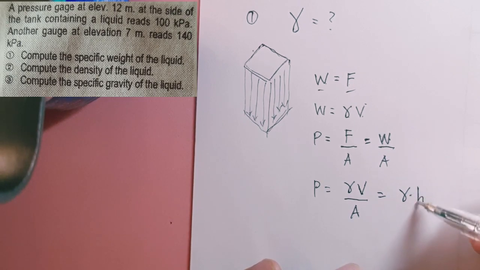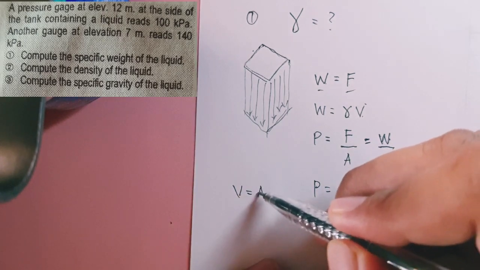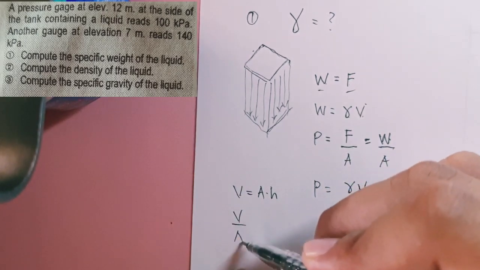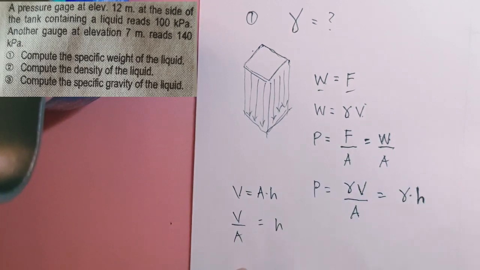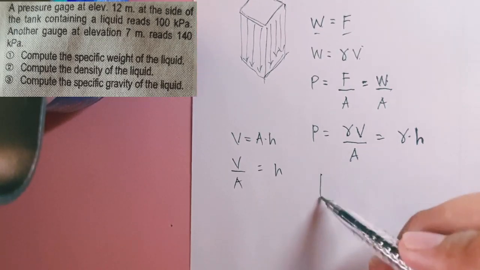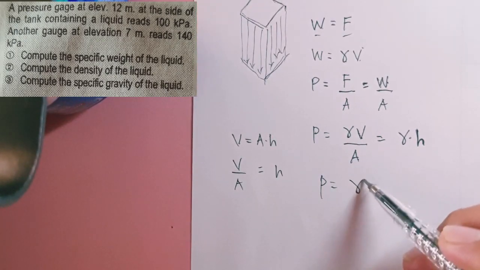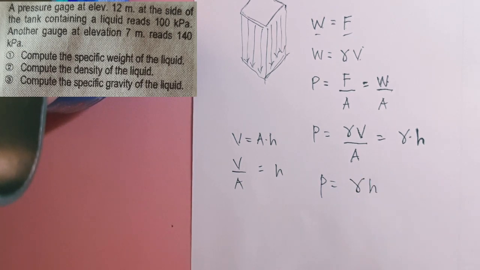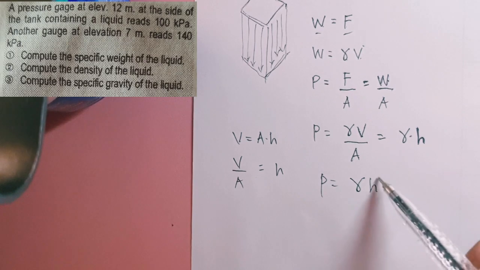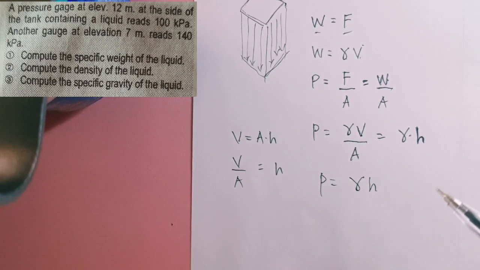Volume is area times height. Volume over area is height. Okay, so klaro na. So the formula for pressure is unit weight times height, or the difference in elevation. Okay?